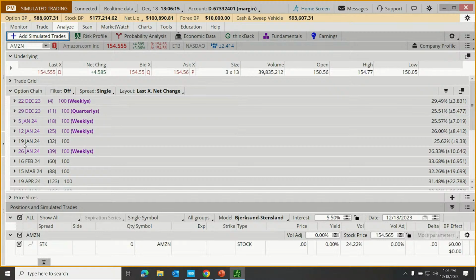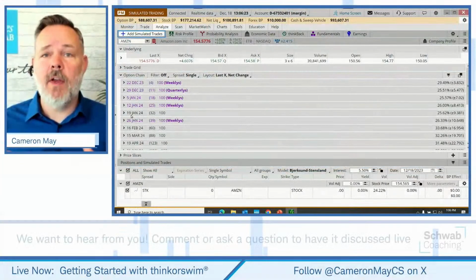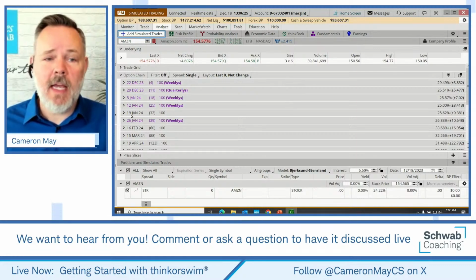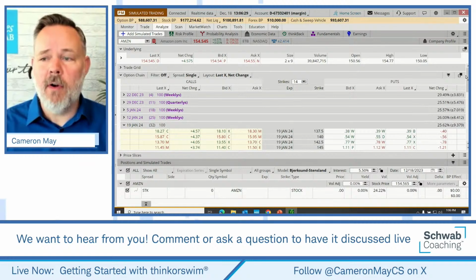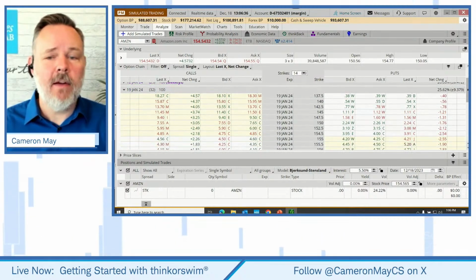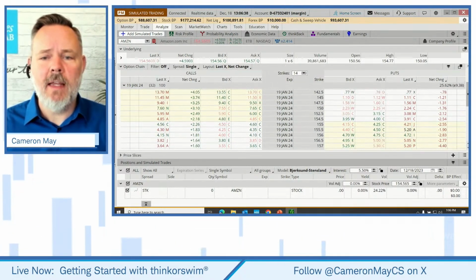Now, I'm going to go into this with the assumption I'm speaking to those members of the audience who at least have somewhat of an interest in options and somewhat of a background in options. Okay, so our example trade is going to be a 19th of January bull put spread, also known as a bull put vertical. So let's pop down here in our options chain.